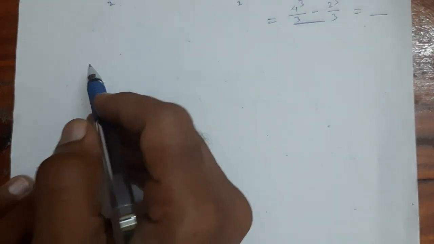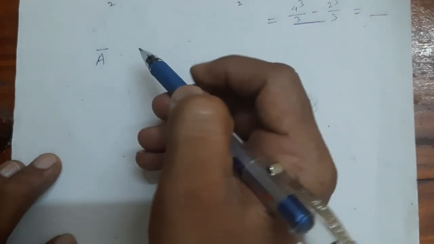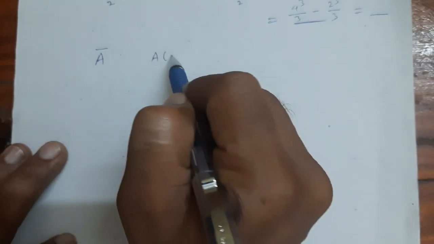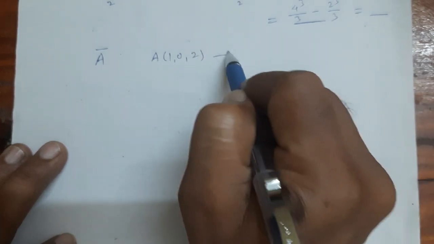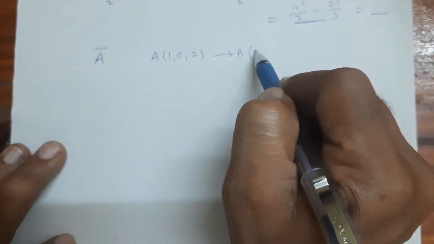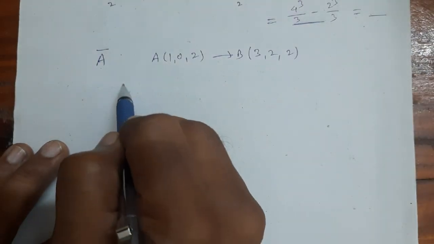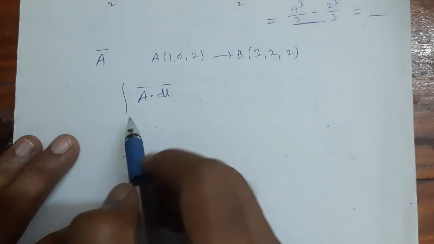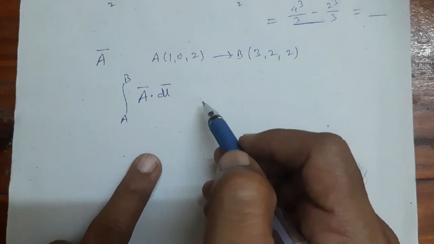What do you mean by line integral? Suppose there is a function a bar, and if we think about the integration of this function from a, which is say for example 1, 0, 2 to b, say for example 3, 2, 2, then the integration of a bar dot dl bar from a to b is known as line integral.